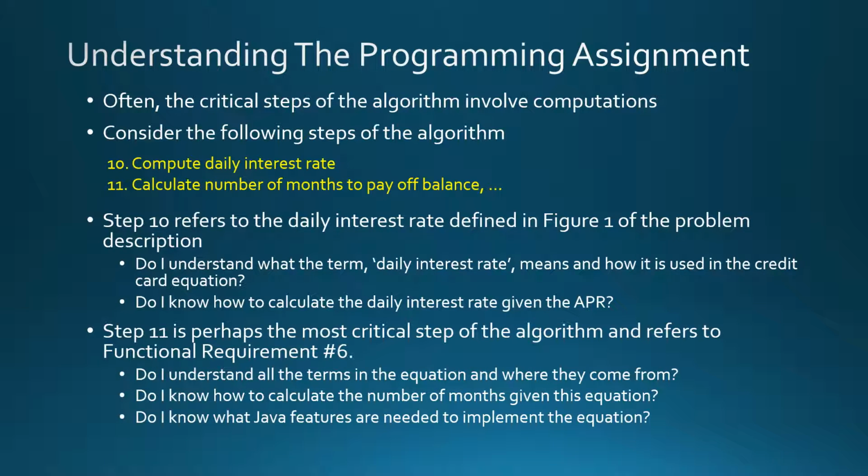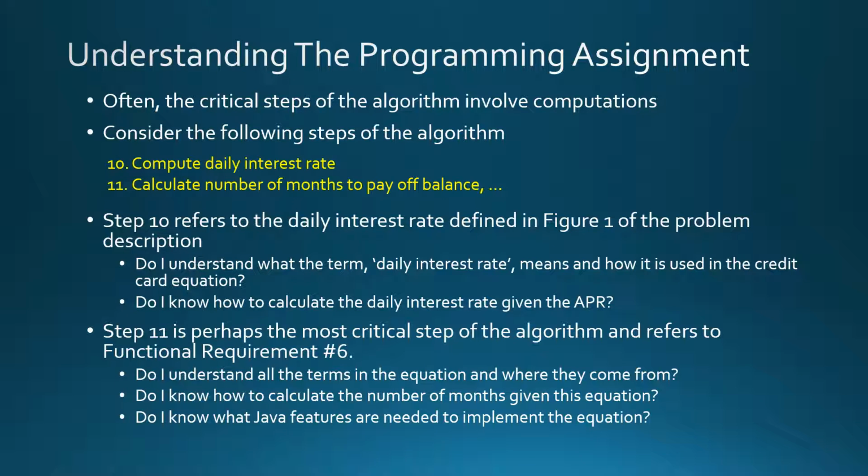Step 11 is perhaps the most critical step of the algorithm, and it refers to functional requirement 6. And this also appears in figure 1. So do I understand all the terms in the equation that's shown in figure 1 and where they come from? Figure 1, besides containing the interest rate term, also has a term representing the customer's payment, representing the credit card balance.